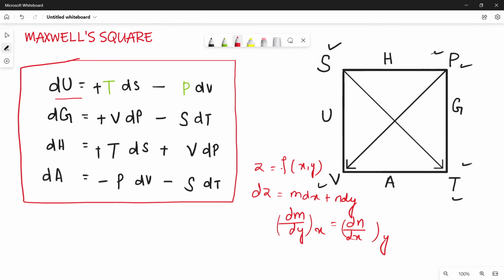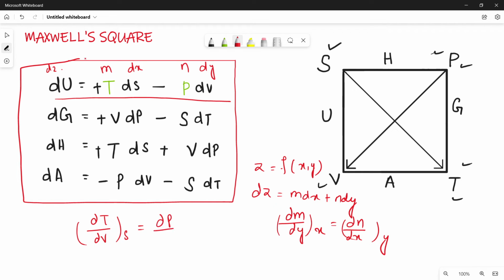Consider these equations. Here this is M, this is dx, here it is N, this is dy, and this one is dz. So I can write del T by del V at constant S is equal to del P by del S at constant V. I can put the negative sign here, or here also, no issue.